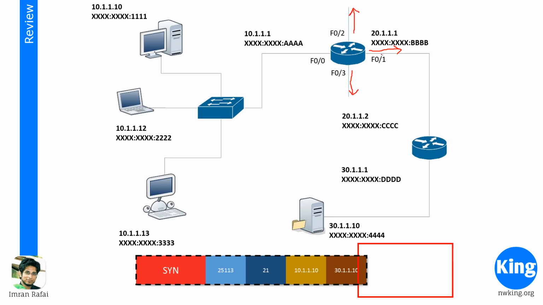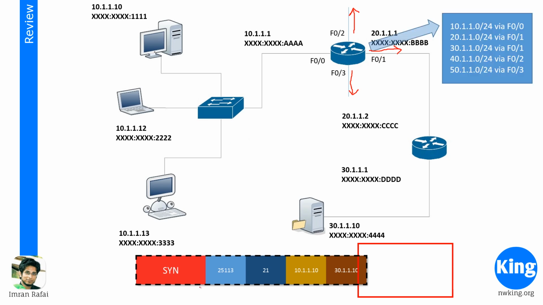So what happens is routers work with something called the routing table. A routing table is a table that every router has. When it has to make a routing decision about where to send a particular frame, it looks at its routing table.